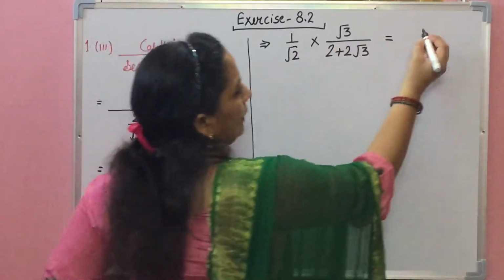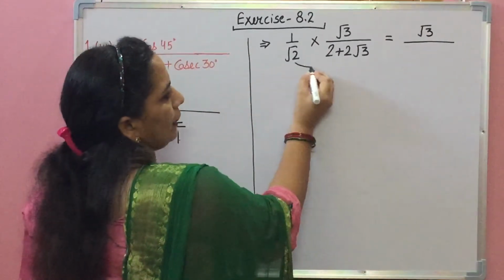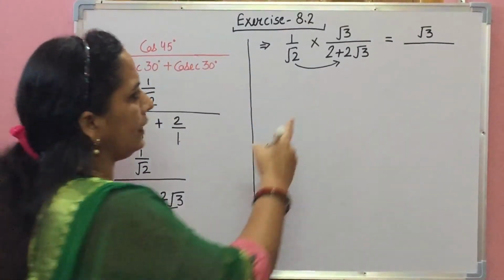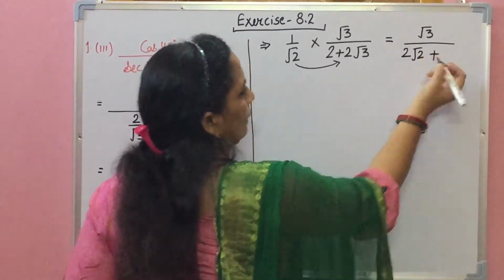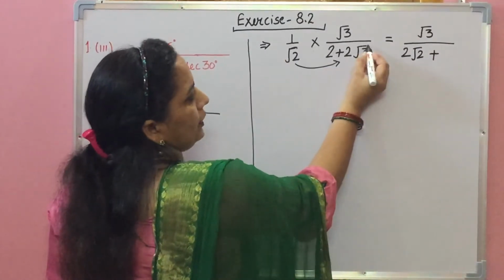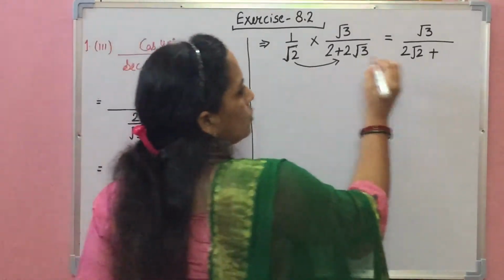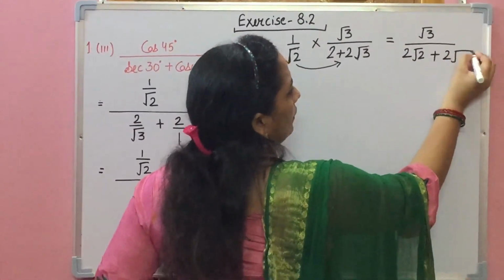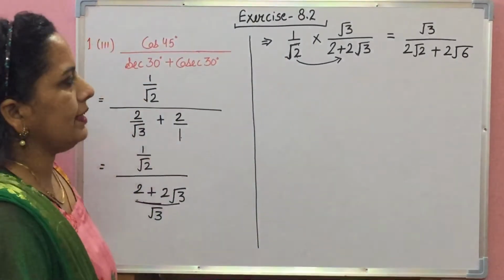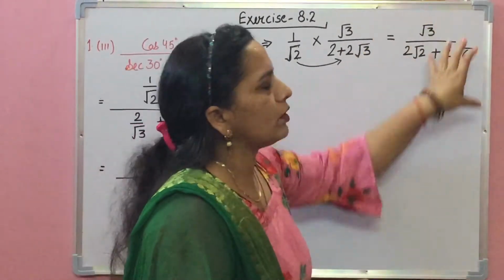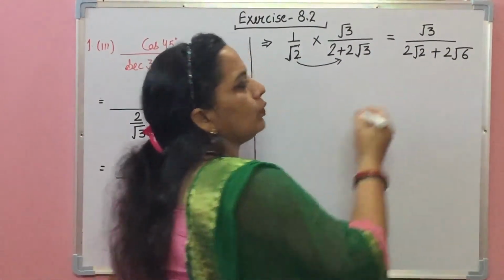Multiply 1 by square root of 3 and in the denominator multiply this term. Then in the first term we have 2 square root of 2 plus... these two terms are under the square root, that's why we will multiply these terms. So we have 2 times 3 is 6. Next is, well, this could be our answer, but in the denominator we have square root terms.